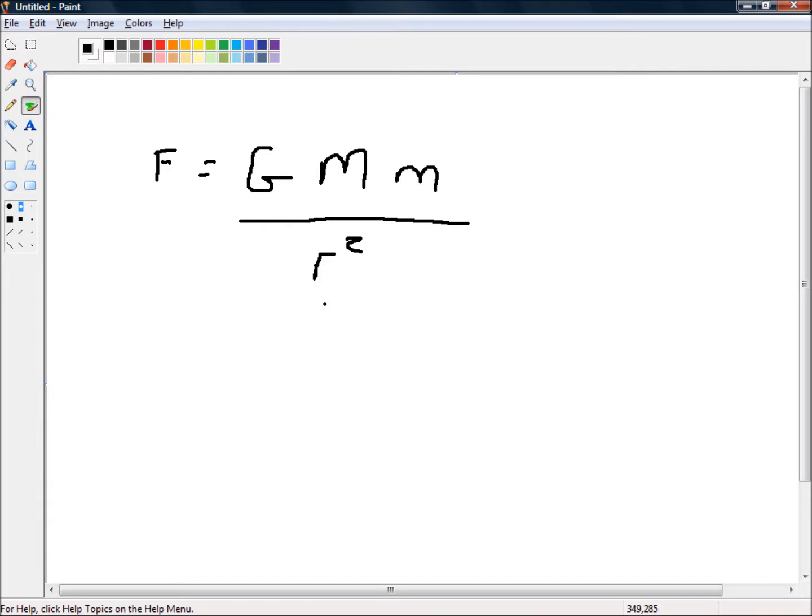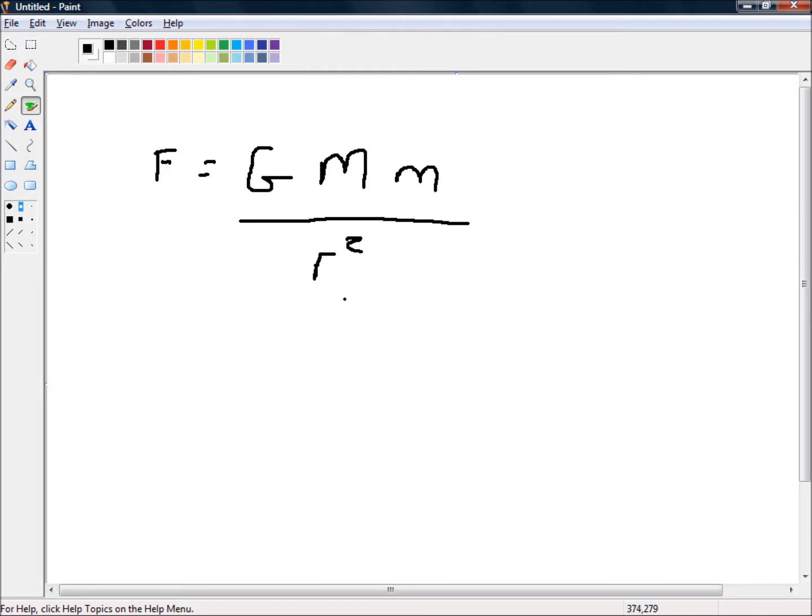Let's say we know the gravitational constant, we know the mass of the larger object and we know the distance between them and we know the force of gravity, and we're trying to find the mass of the smaller object. So let's solve for little m.